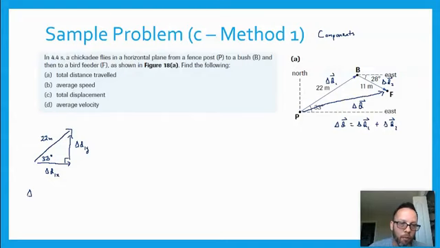And using our skills from our grade 10 math course, we can write delta D1x is the hypotenuse, 22, times the cosine of 33 degrees. And because delta D1y is the opposite, we can see that's 22 times the sine of 33 degrees.